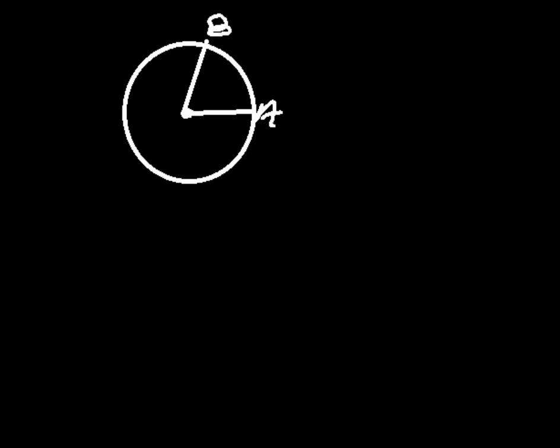So what is the angle swept at the center with respect to this reference line? The angle swept is said to be angle theta. In this case, this is the angular displacement. Which means that as the object moves from point A to point B with respect to the center of the circle and the reference line, the angle the object has swept at the center is angle theta, which is the angular displacement.